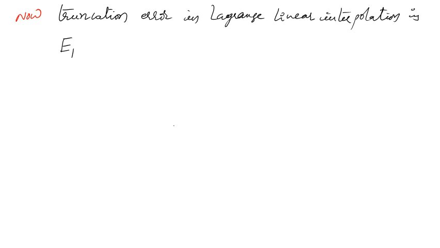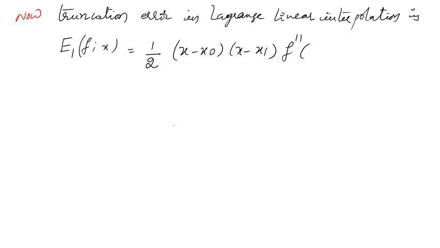Already told you, this is E1(x) is equal to 1 by 2 into (x minus x0) into (x minus x1) multiplied by f double dash of xi. This is the truncation error.